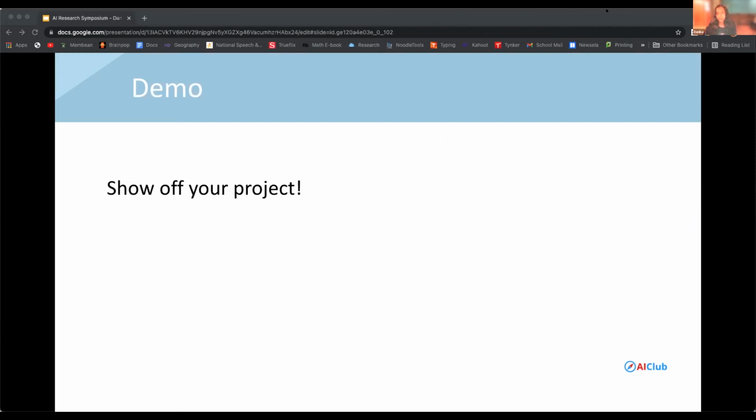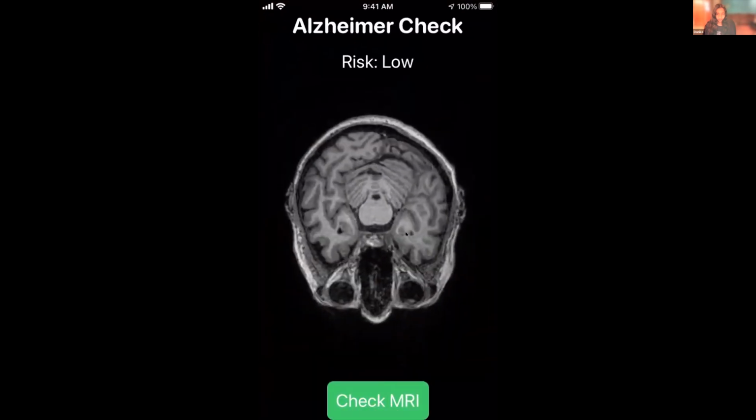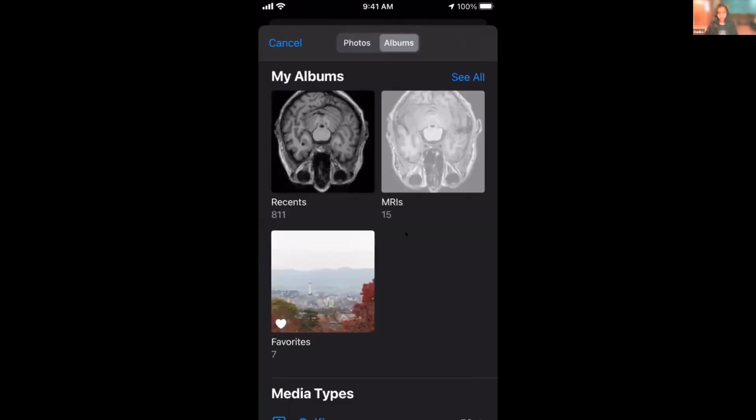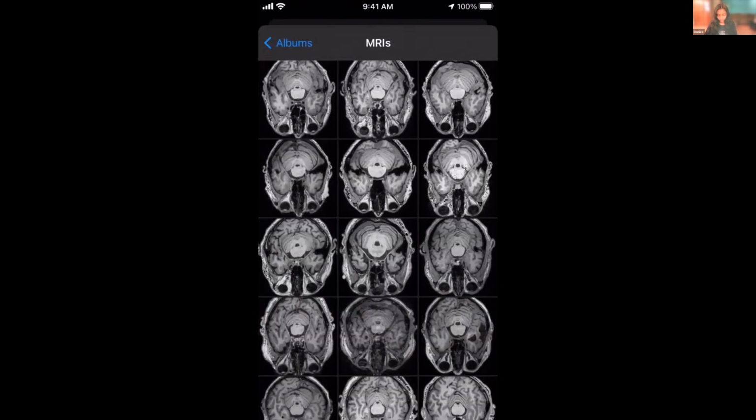Next, for my project, I will just share my app. So this is my app, and right now it only works for MRIs, but essentially what happens is that I can go with the check button and I can pick an MRI image.